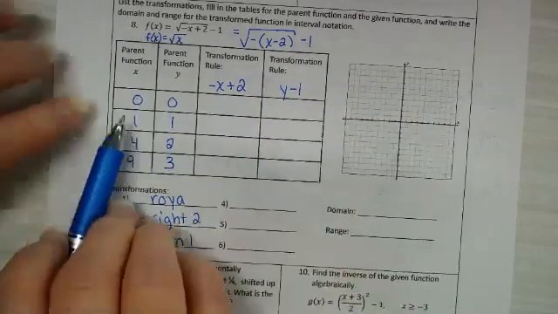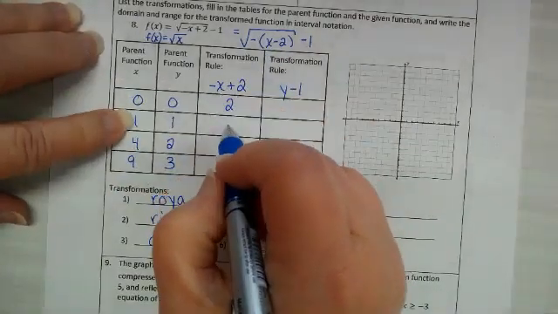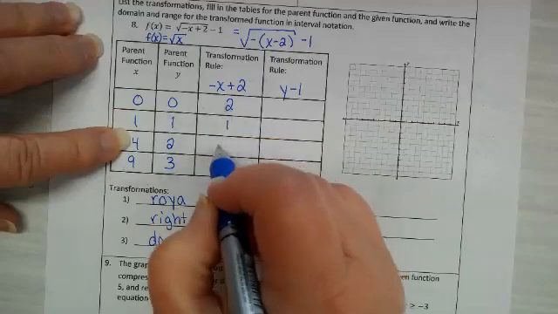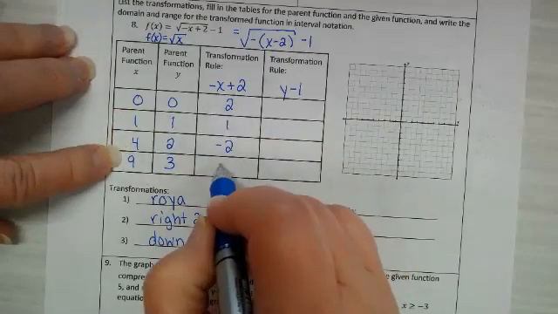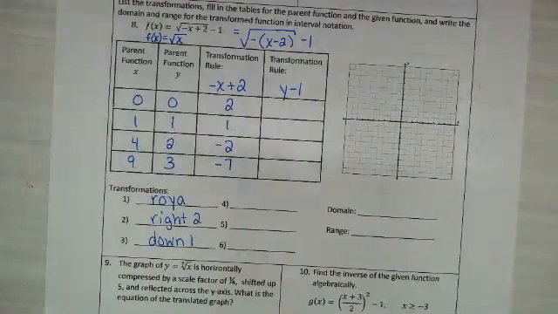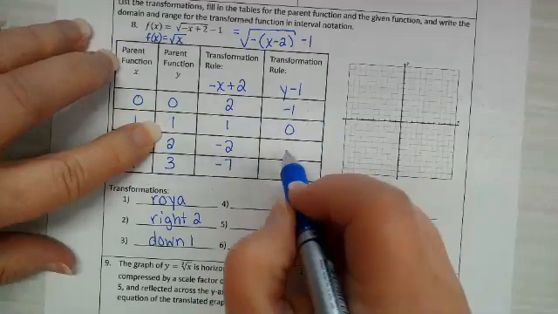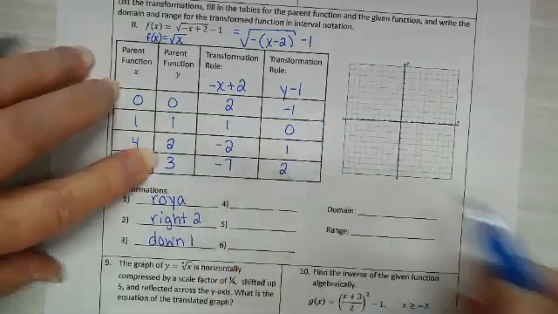So we plug our numbers in for the x's. 0 plus 2, negative 1 plus 2, negative 4 plus 2, negative 9 plus 2. And for my y's, 0 minus 1, 1 minus 1, 2 minus 1, 3 minus 1.